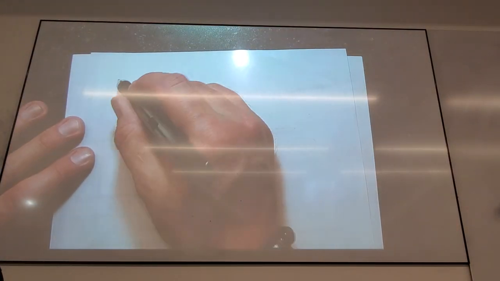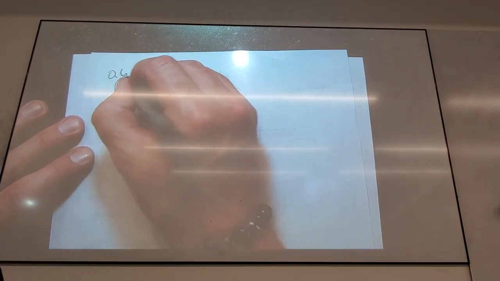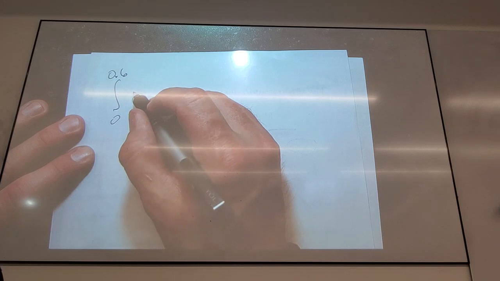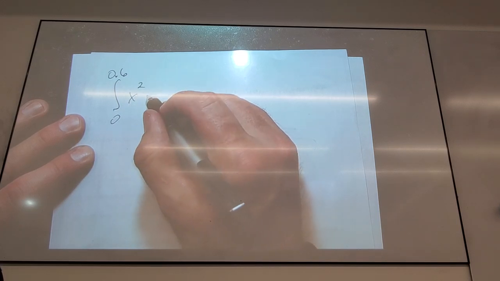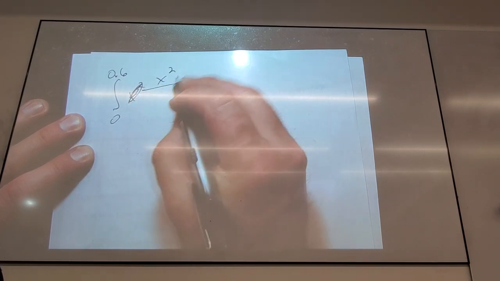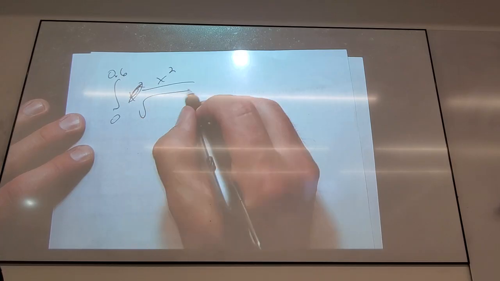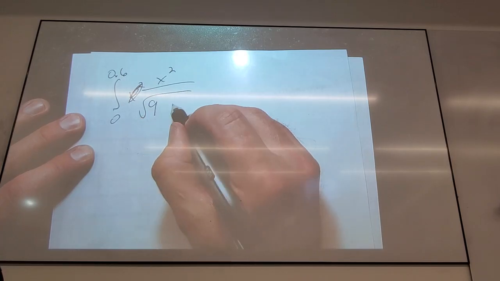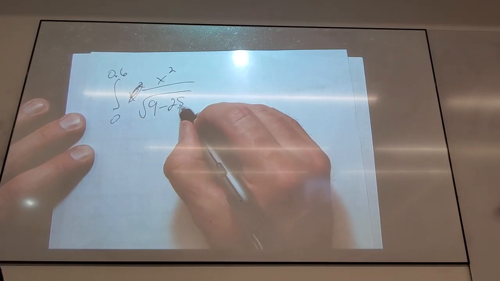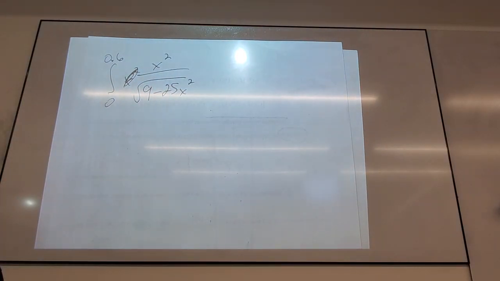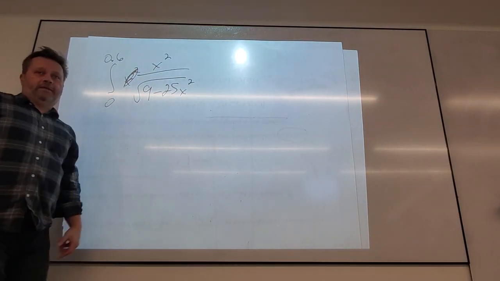What you got? It's a definite integral between 0 and 0.6, and it's x squared over the square root of 9 minus 25 x squared. Ooh, yeah. Okay.